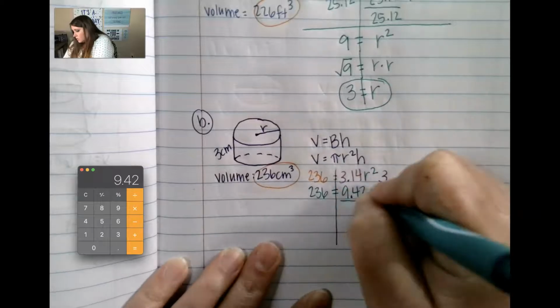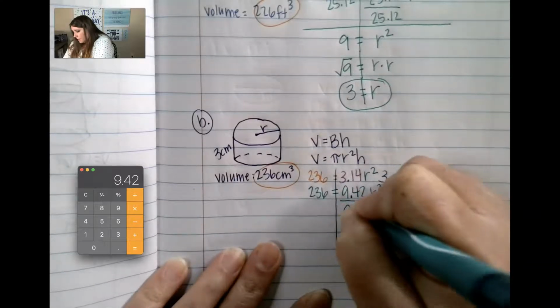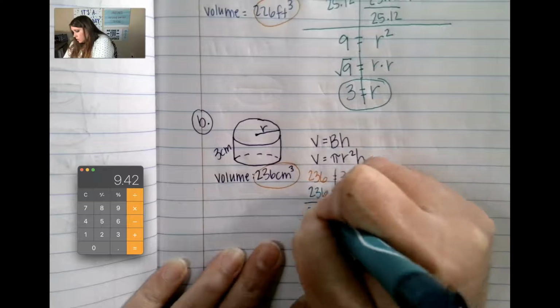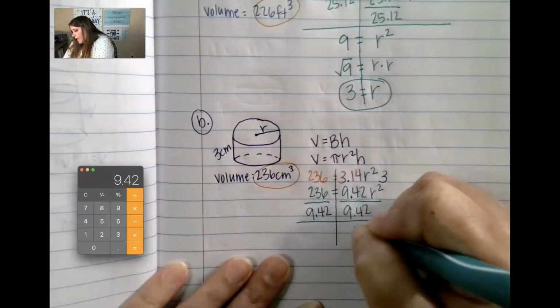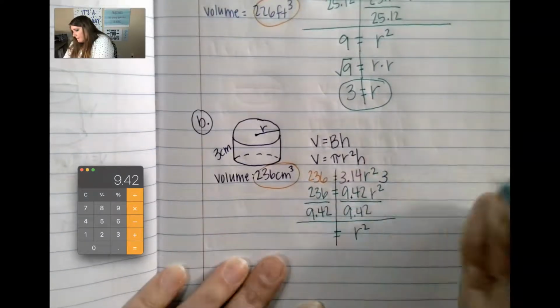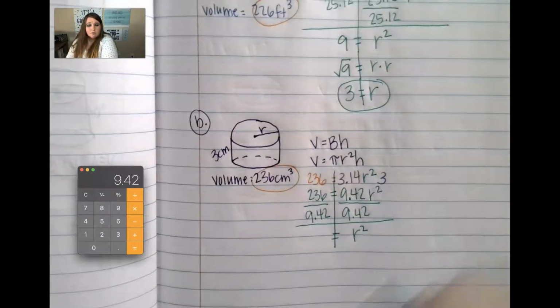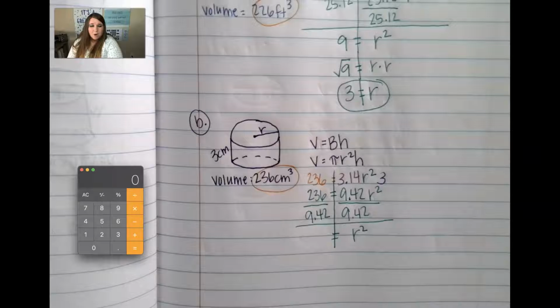Again, we want to divide here, so divide by 9.42 on both sides. Remember that pi is an approximation, so that's why we have to do a lot of rounding in these units. It doesn't have an ending number, and so it just goes on and on.